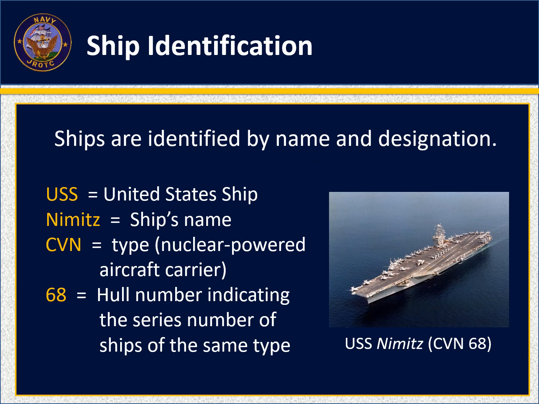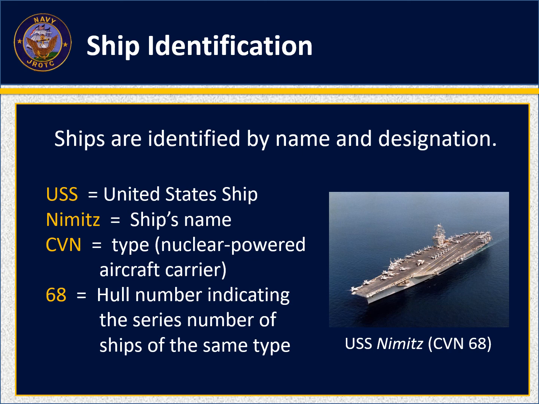Ship identification. Ships are identified by name and designation. USS equals United States Navy ship. This is the designation we give to warships. Nimitz, that is the ship's name. Every ship has its own name. CVN, that's what type of ship it is. CV tells me it's an aircraft carrier. N tells me it's a nuclear-powered aircraft carrier.